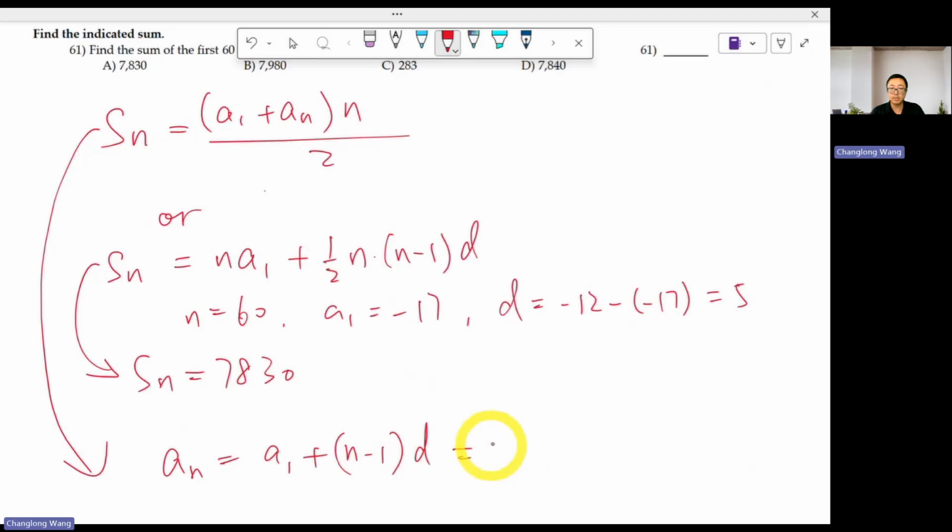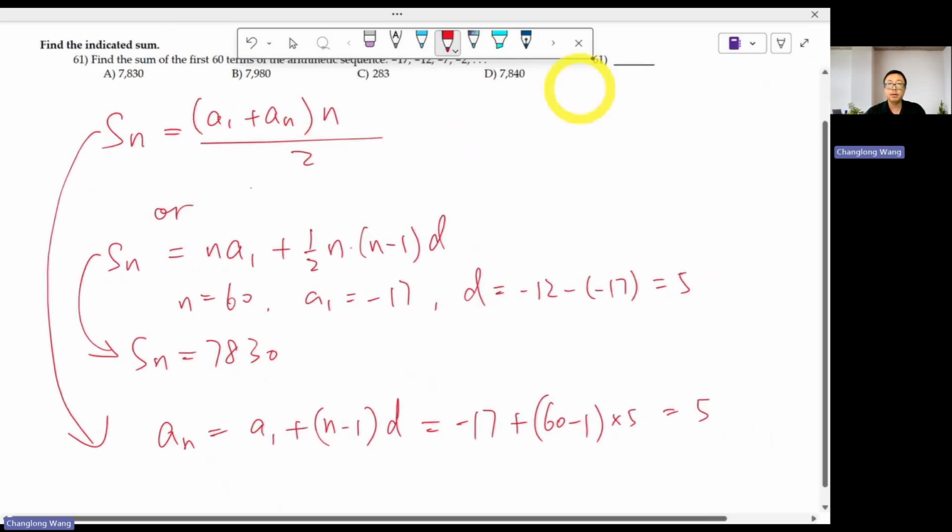Since I know what n is, a1 is negative 17 plus 60 minus 1, times 5. So you figure out what a sub n is, in this case a sub 60, and plug in, you still get the right answer, okay?